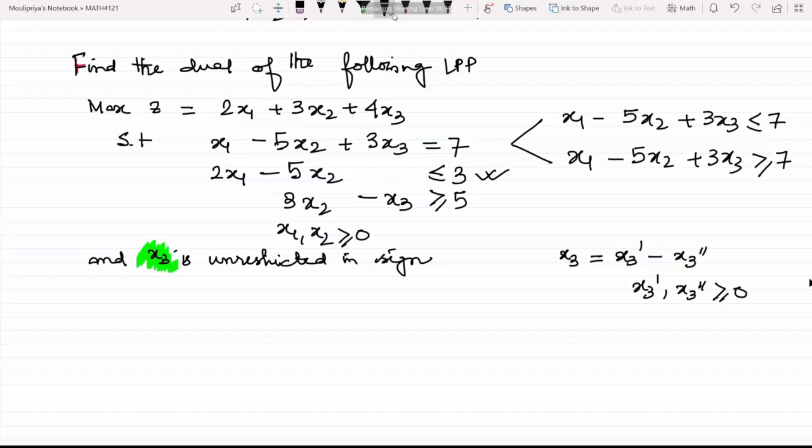Say, for example, even if this is minus 2, can I write this as 5 minus 7? Isn't it? Am I okay with this?